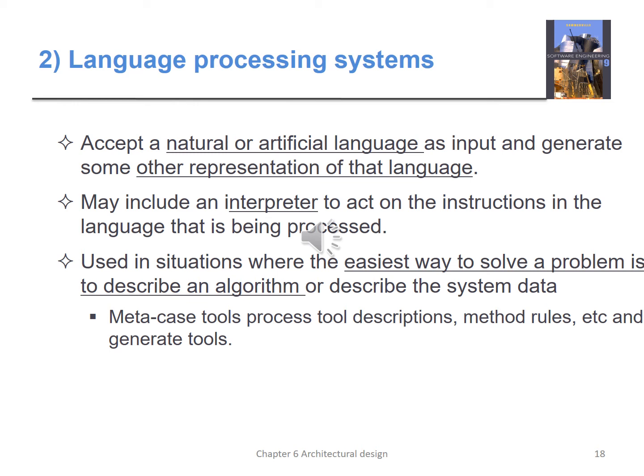The system accepts a natural or artificial language as input and generates some other representation of it, as we said, machine code or assembly code. It may include an interpreter or linker to act on the instructions in the language that is being processed.